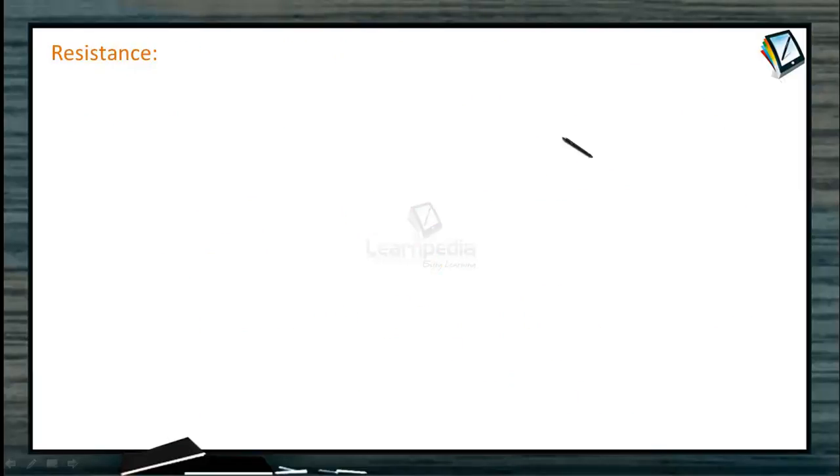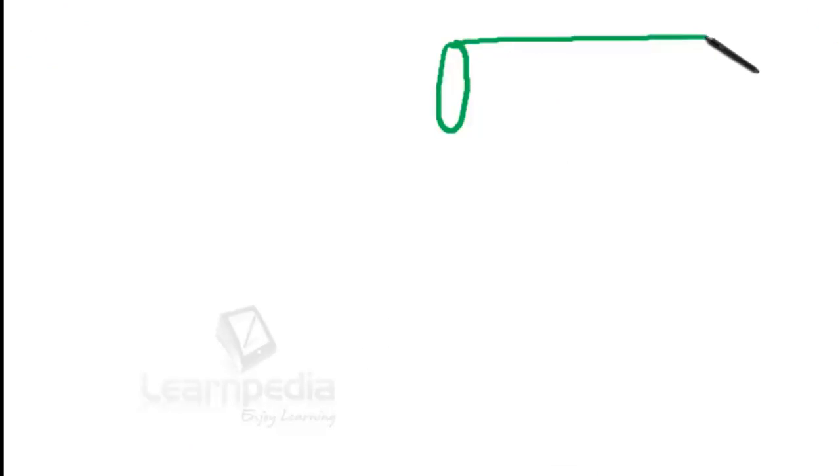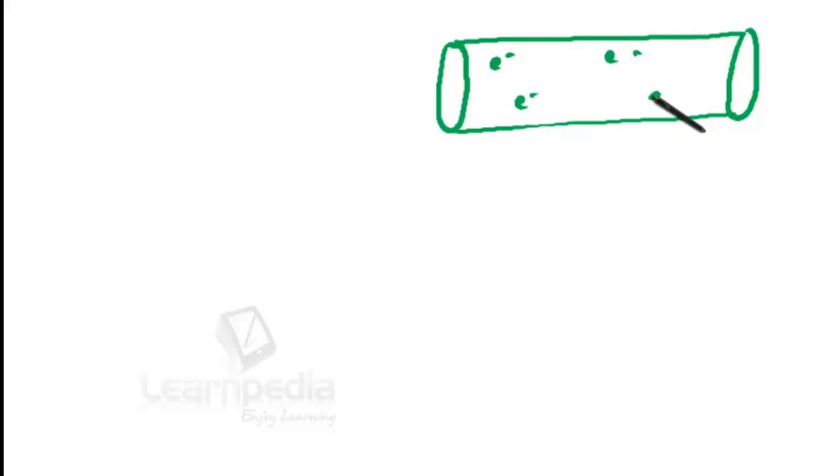So what is the cause for the resistance of the conductor? Suppose we take a conductor in which the electrons are moving due to the electric field. As these electrons move within the conductor under the influence of an external electric field, they have to collide again and again either with electrons or positive ions formed by removal of free electrons from the atom.